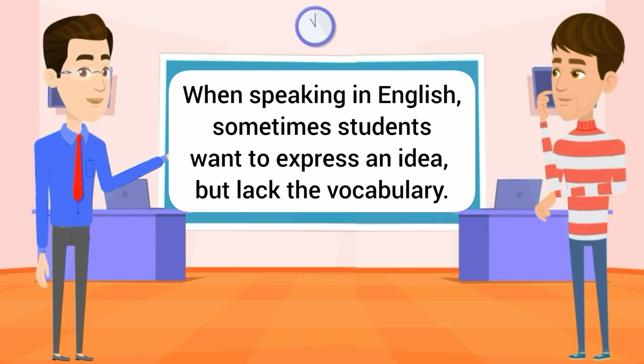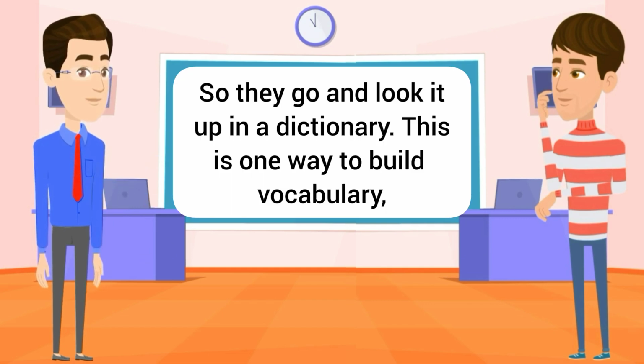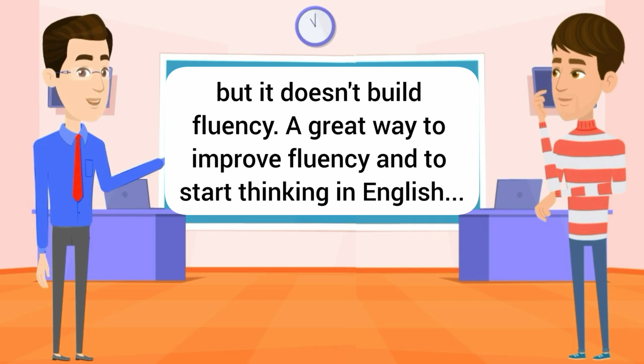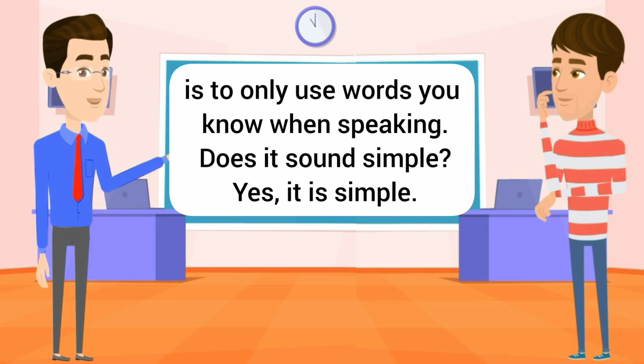sometimes students want to express an idea, but lack the vocabulary. So they go and look it up in a dictionary. This is one way to build vocabulary. But it doesn't build fluency. A great way to improve fluency and to start thinking in English is to only use words you know when speaking.